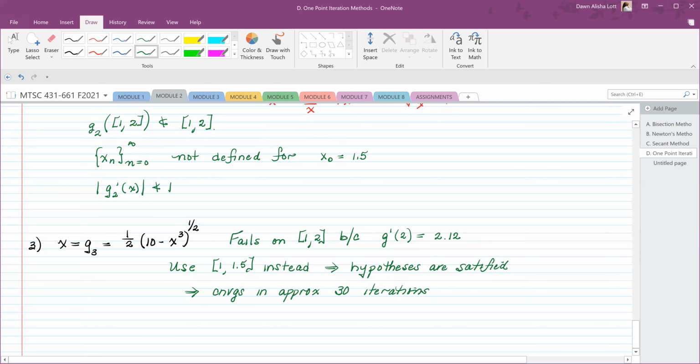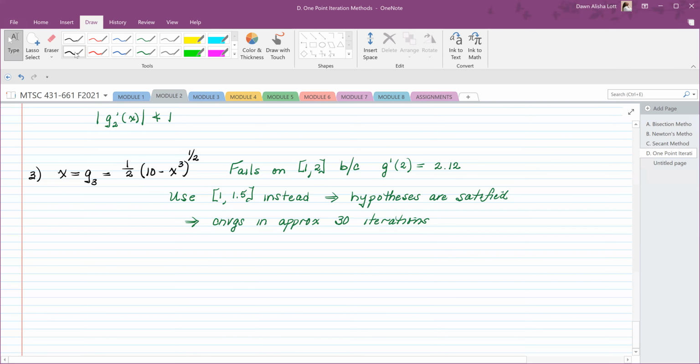Okay. Let's look at G4. This one is 10 over 4 plus x to the 1/2 power. And for this one, the maximum value of G prime of any x is less than 0.15.